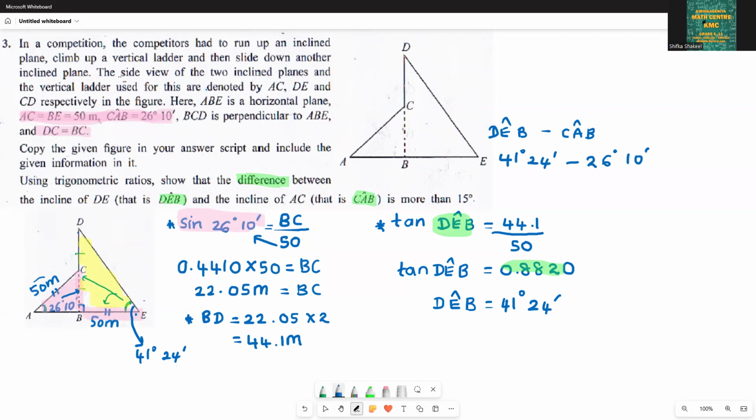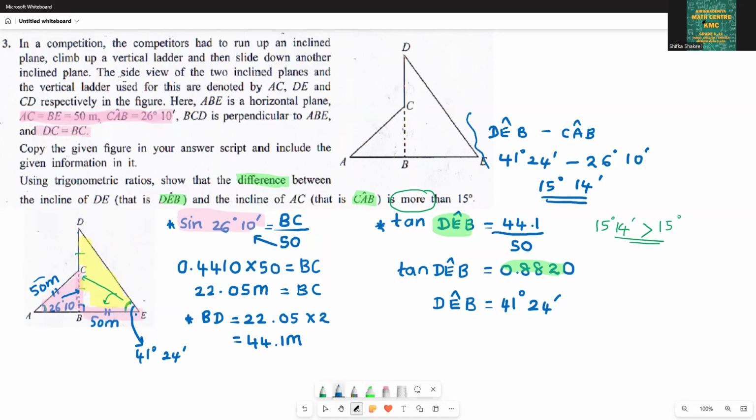If you subtract, you will get 15 degrees 14 minutes. Here also the crocodile mouth method is suitable. 14 minutes is greater. They are asking you to show more than 15 degrees. This is the final answer.